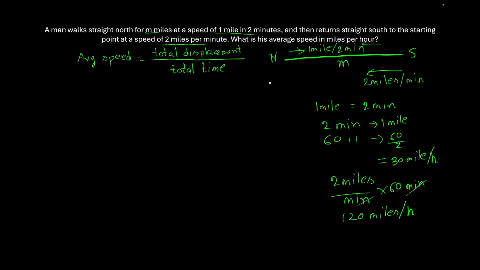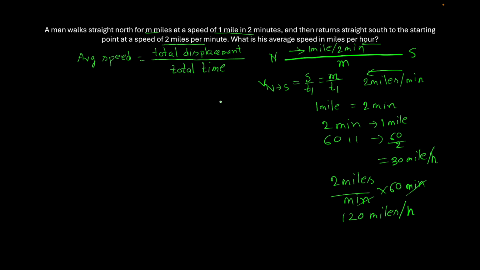So we got the velocities. Now, when going north to south, we know the equation of velocity is v equals s by t. Here it is t1, and s is equal to m. We don't know t1, but we can assume it. But we know the velocity from north to south is 30 miles per hour.